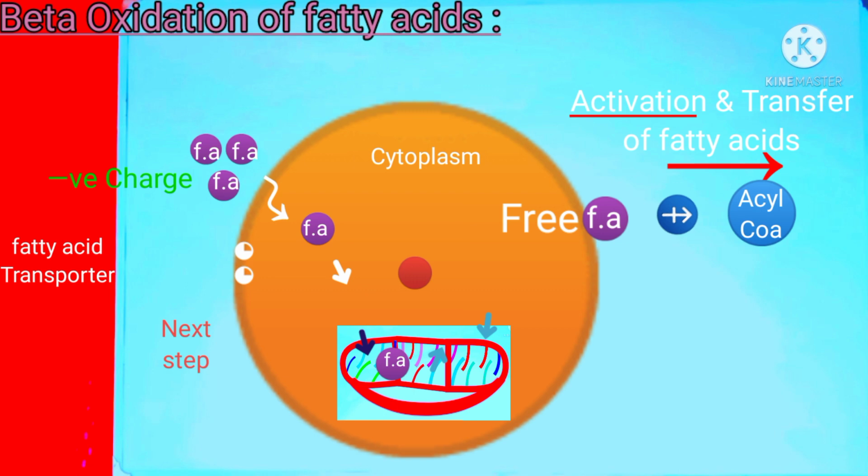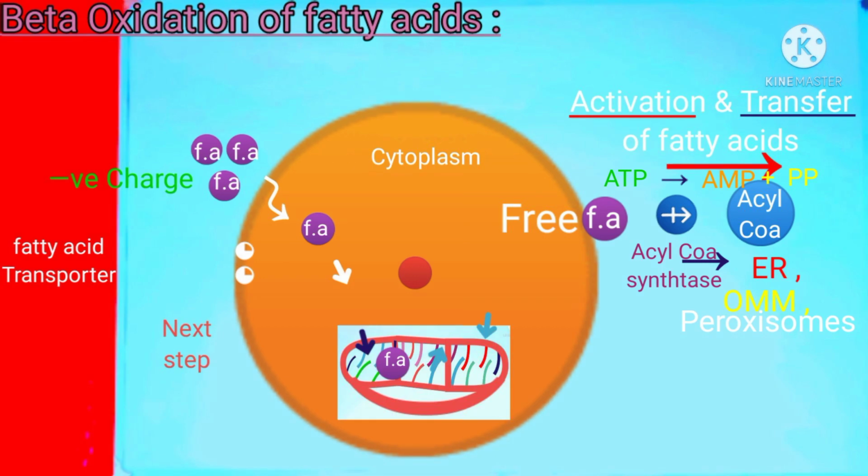This reaction is catalyzed by the enzyme acyl CoA synthetase, and during this reaction an ATP molecule is changed into adenosine monophosphate and a pyrophosphate molecule is also generated and then released. Coenzyme A is also needed for this reaction, as this reaction happens at various points in the cell, including the outer mitochondrial membrane, the endoplasmic reticulum, and the peroxisomes.